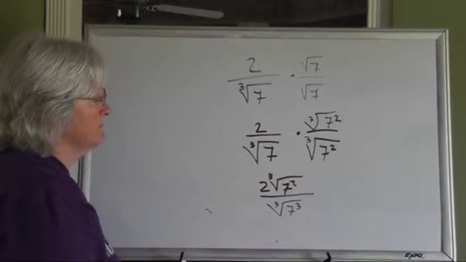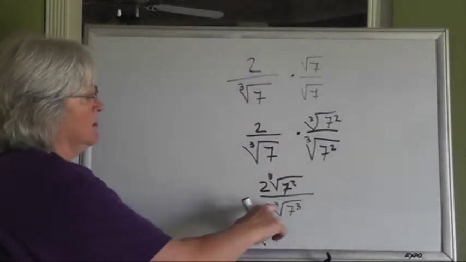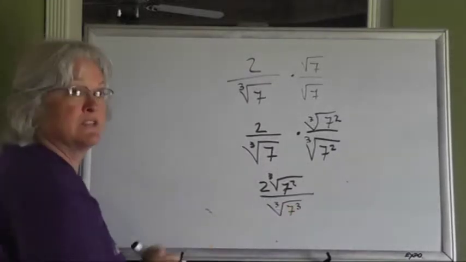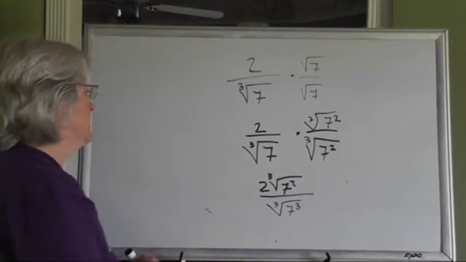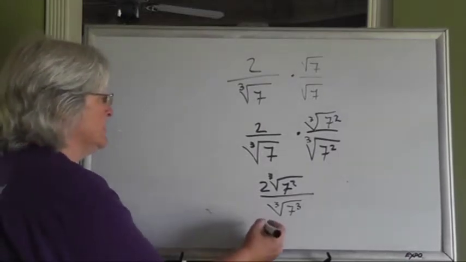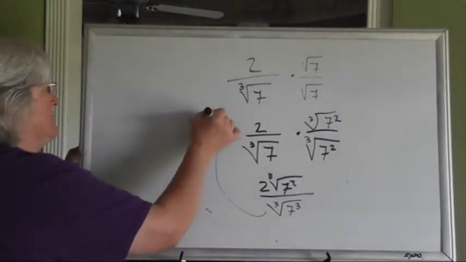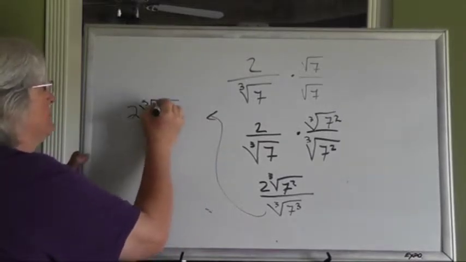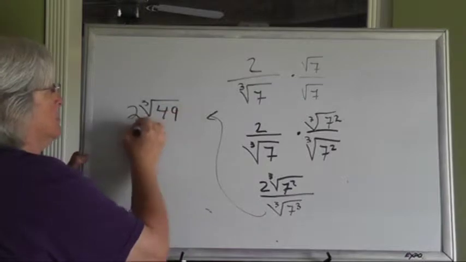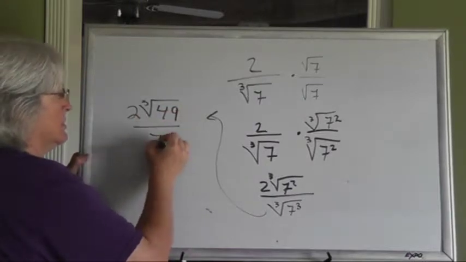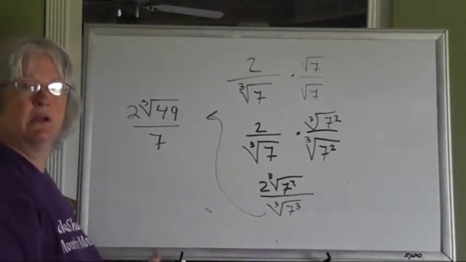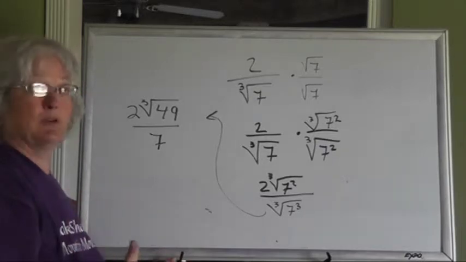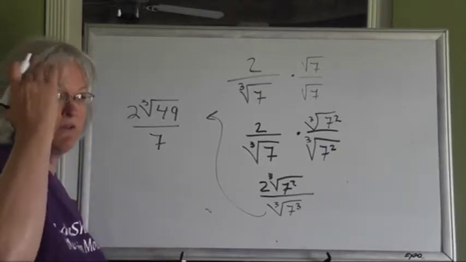Okay? The cube root of 7 cubed is 7. So our solution to this problem is 2 times the cube root of 49 divided by 7.